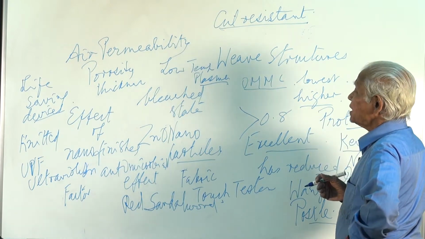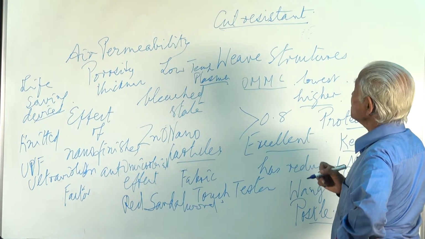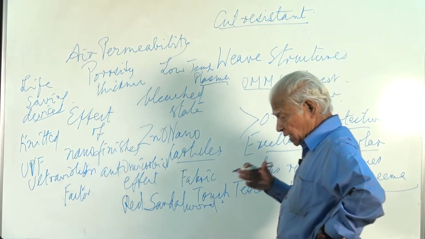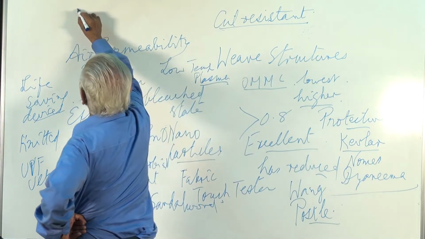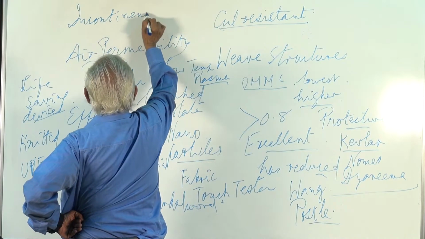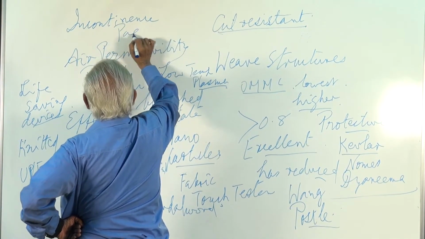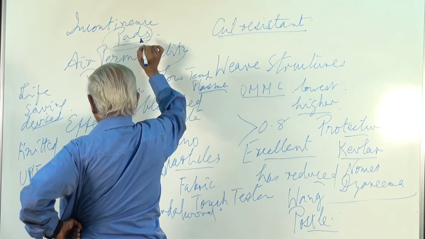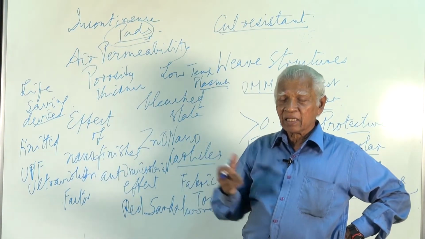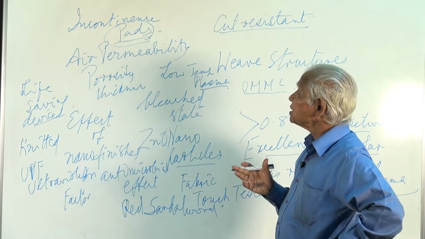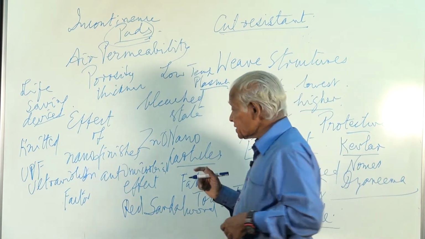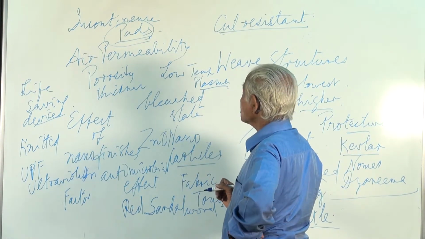And as I was mentioning, fabrics are also being developed for various health care problems, namely incontinence and pads. In fact, the development of pads, which are hygienic materials from spun bonded nonwoven and other types of nonwoven fabrics, is itself a great development, I should say.